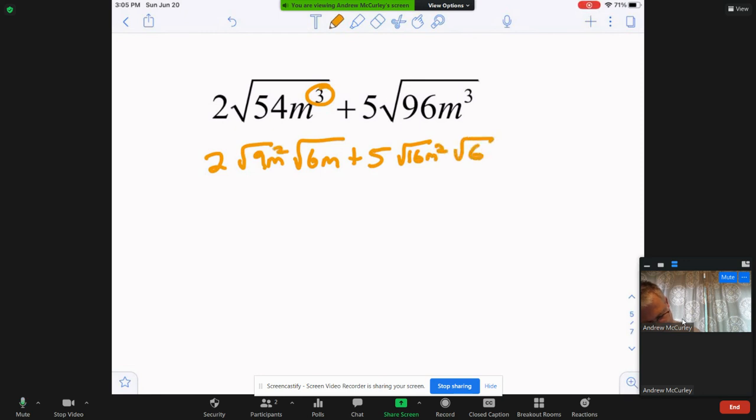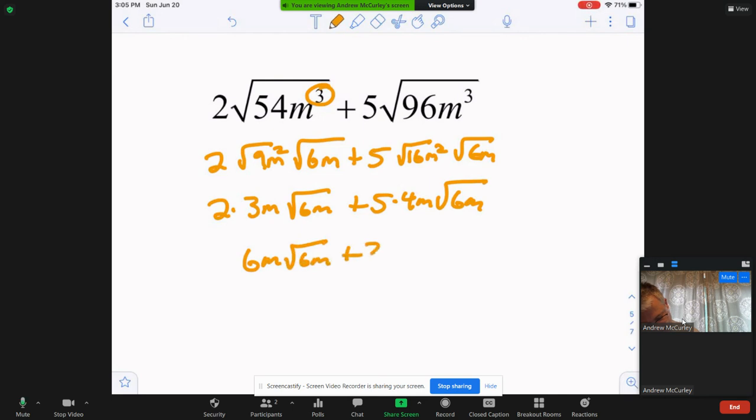And then square root of 6. And that adds 8. So this is going to be 2 times 3 M, square root of 6 M, plus 5 times 4 M, square root of 6 M. So this is going to be 6 M square root of 6 M, plus 20 M square root of 6 M. Everything matches. So I got 26 M square root of 6 M. Not 26 M square root. We're multiplying them. We are adding.